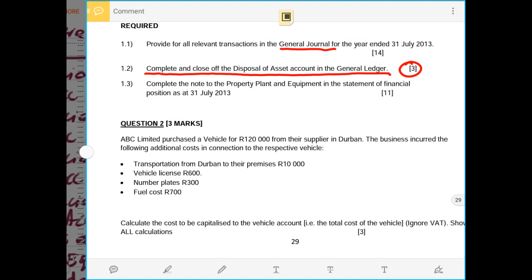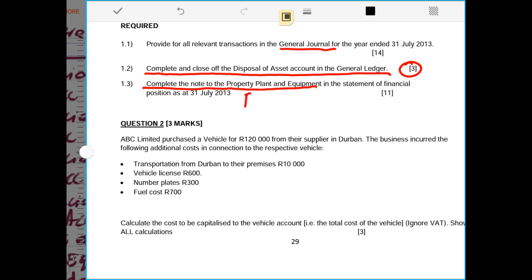In the next requirement, we are required to complete the note, which is the property, plant, and equipment, the one that we normally call PPE note, in the statement of financial position as at 31st of July 2013.